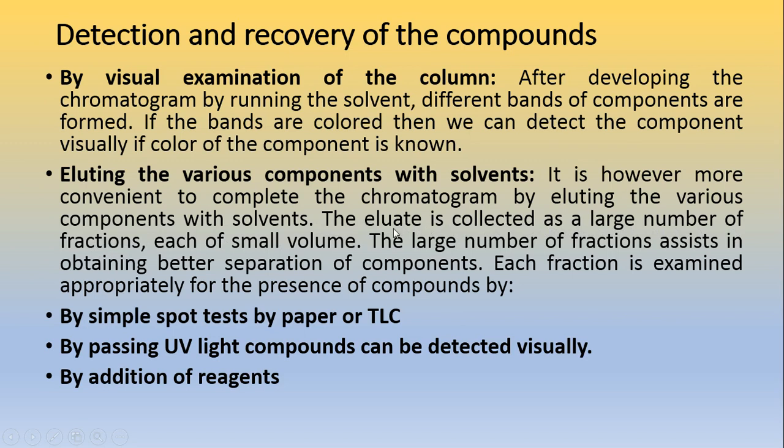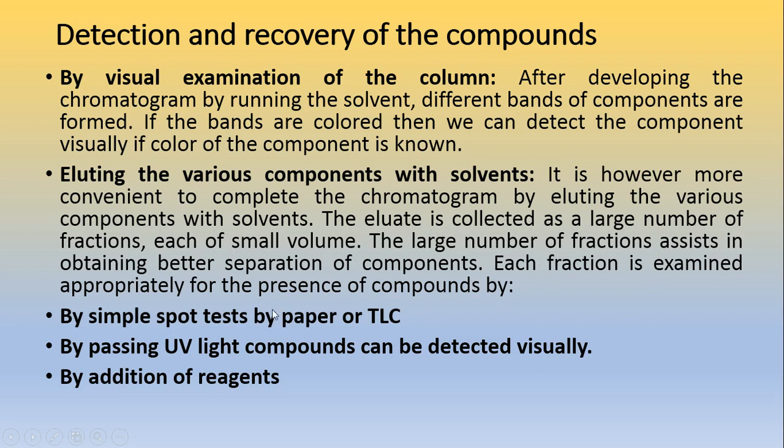As I said, eluate which is coming out from column with mobile phase, sample components which are coming out from stationary phase in mobile phase, are collected in large number of fractions, each of small volume. The large number of fractions assist in obtaining better separation of components.